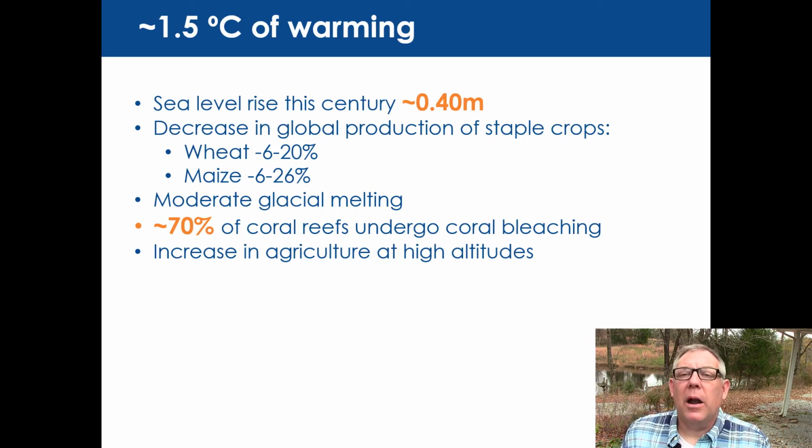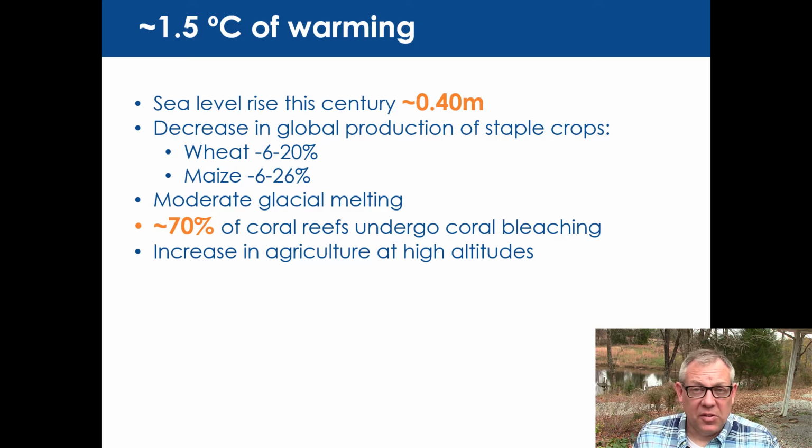Even with more moderate global warming, if we did take climate change and we were able to reduce our fossil fuel consumption, you're still going to see major changes, not as dramatic as 4.5 degrees warming, right?